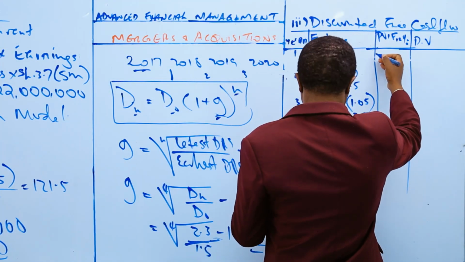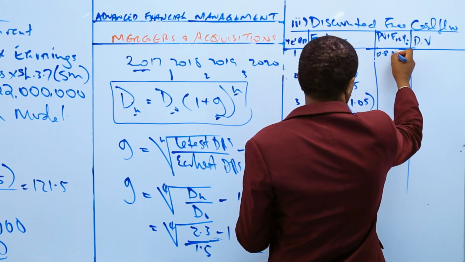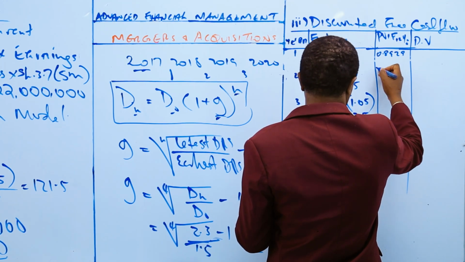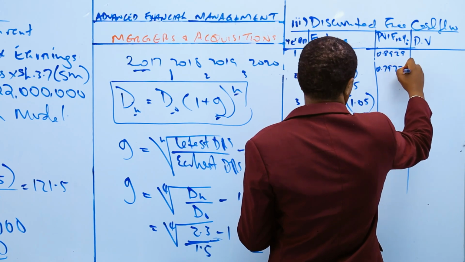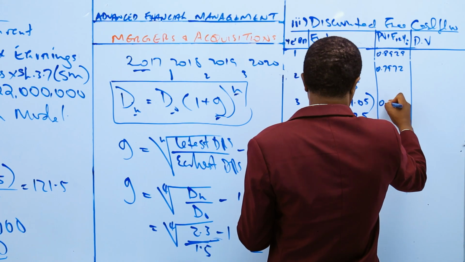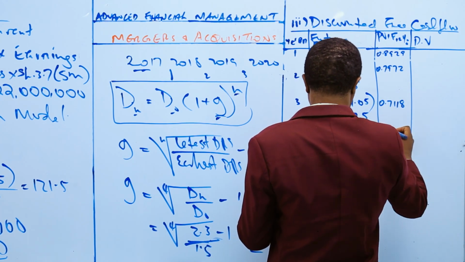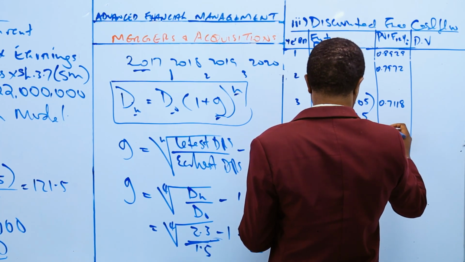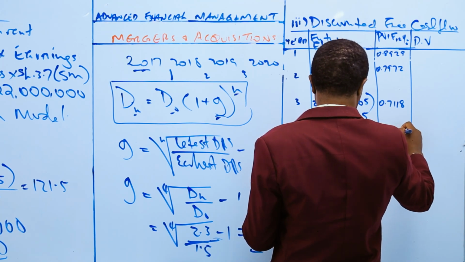Year 1 is 0.8929. Year 2 is 0.7972. Year 3 is 0.7118. The last one here is 0.6355.